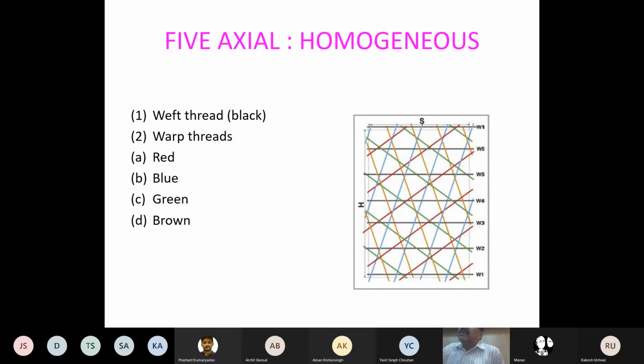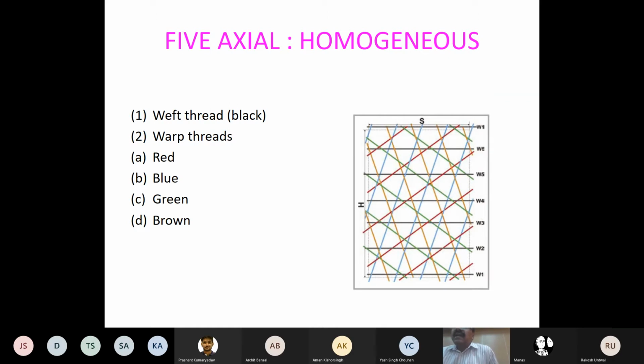Let us take an example of 5 axial. In this, weft thread is black, then 4 warp threads, red, blue, green and brown, and it is homogeneous. You just mark any one color.